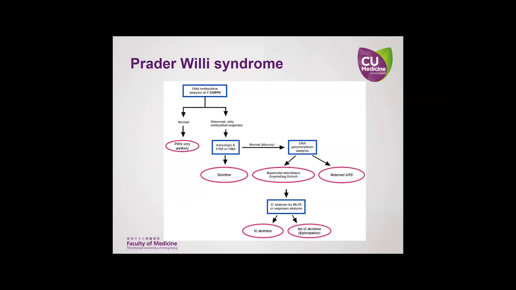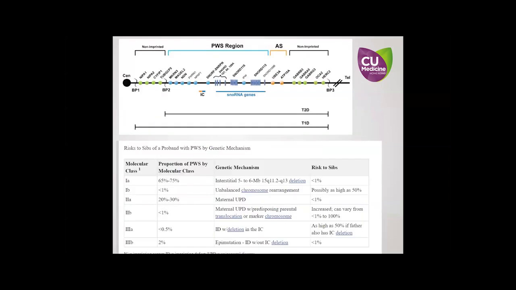Okay, so back to Prader-Willi syndrome. You can see the DNA methylation abnormalities. If it is normal, it is very unlikely to be Prader-Willi syndrome. If it is abnormal, we follow up with methylation testing, and we can see whether there is any uniparental disomy or whether it could be due to other genomic events.